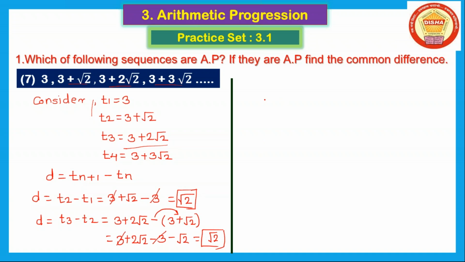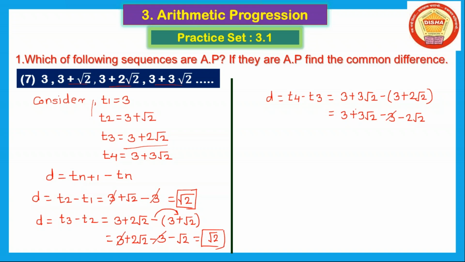Then we take the difference between the last two given terms, that is D is equal to T4 minus T3. T4 is 3 plus 3 root 2, minus T3, which is 3 plus 2 root 2. Then again we simplify this. In subtraction we change the sign of the terms present in the second polynomial, so here is minus 3 and here is minus 2 root 2.